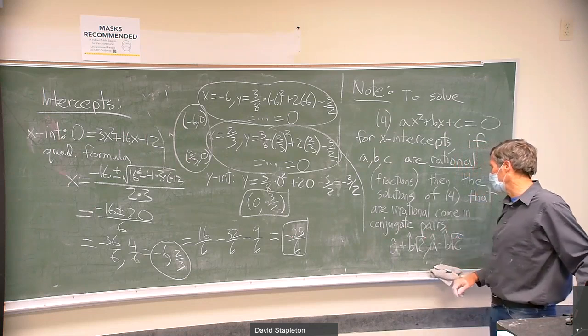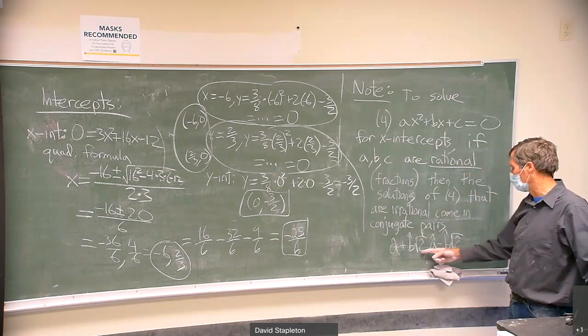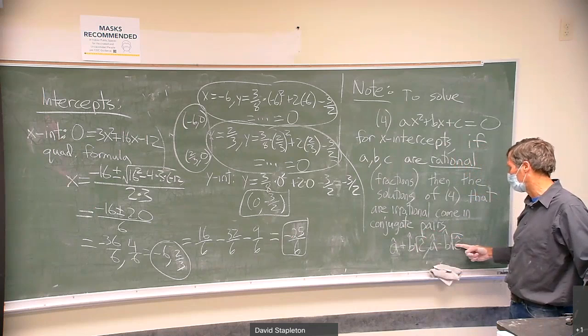So if you can't write them as fractions, then they always come in pairs like this, with a plus square root here and a minus square root here.